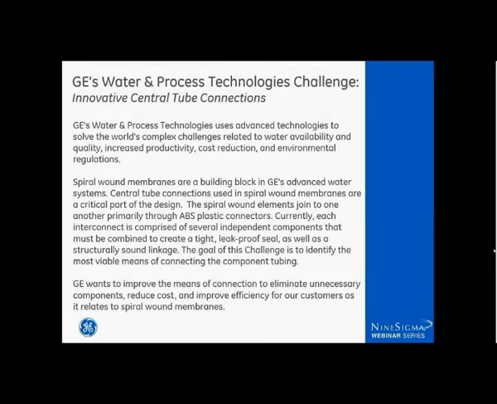So what we're asking you to do and to define is to find the most viable means of connecting these components. So essentially, improvements could be in terms of a fewer number of components. Two, it could be in terms of improving the ease of installation, which is helpful again because there are so many of these across the world, as well as easily reducing costs.